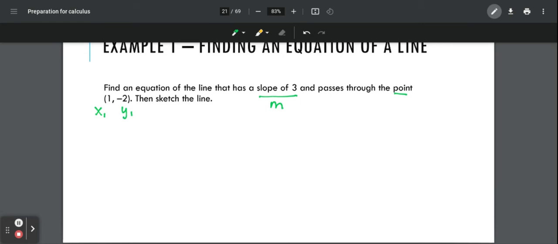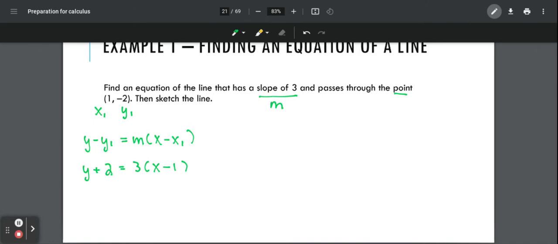If they're giving you a point and a slope, it probably makes most sense to use point slope form. So we're going to use the y minus y1 equals m times x minus x1. If we use the substitution, we would have y plus 2 equals 3 times x minus 1.